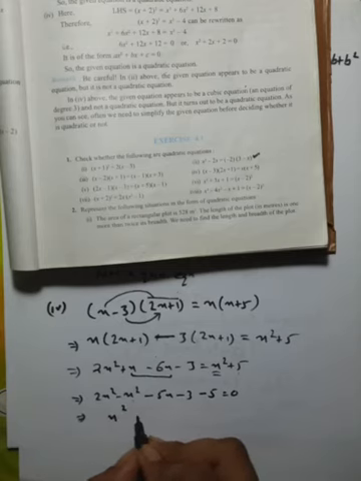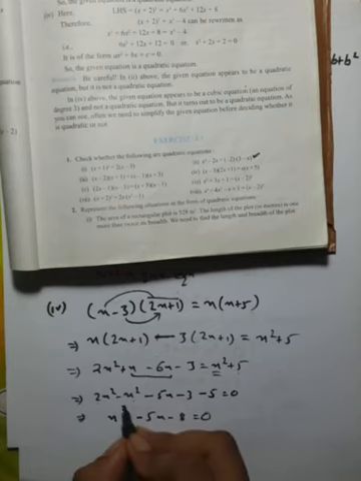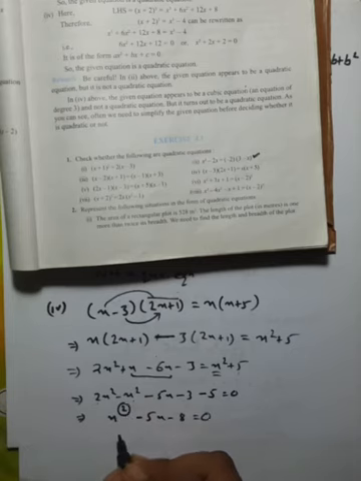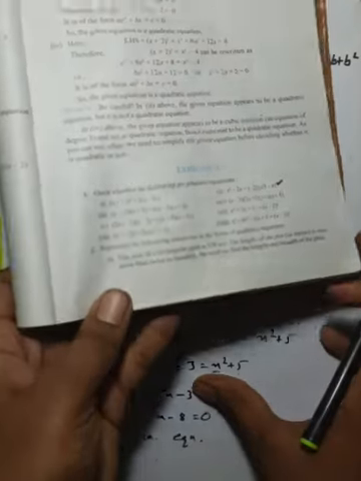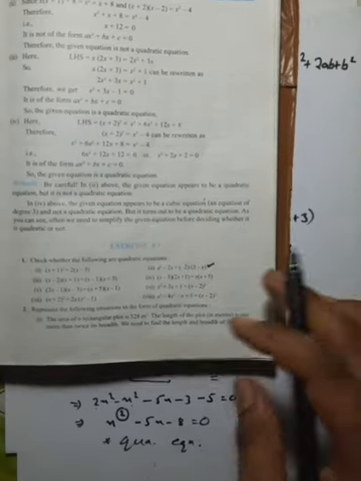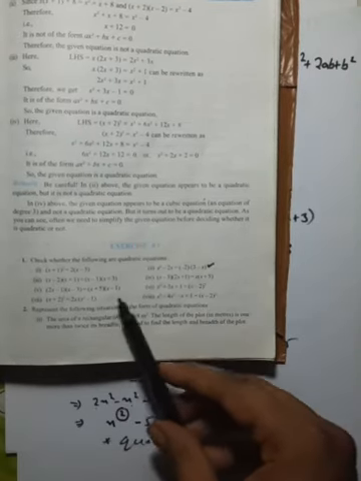Okay, x square minus 5x minus 8 equals 0, and you can see the highest power is 2. So this is a quadratic equation. Okay, so your bit 4 is a quadratic. Like this you can solve all these equations.